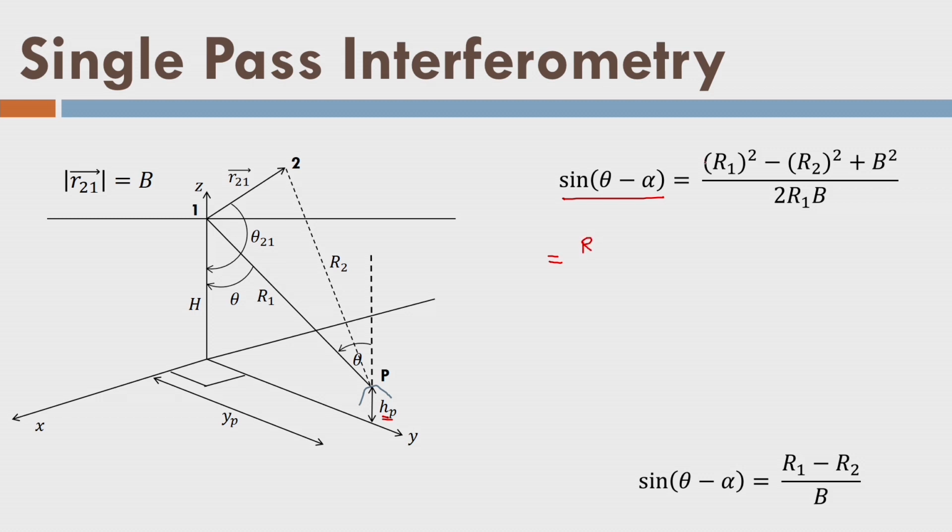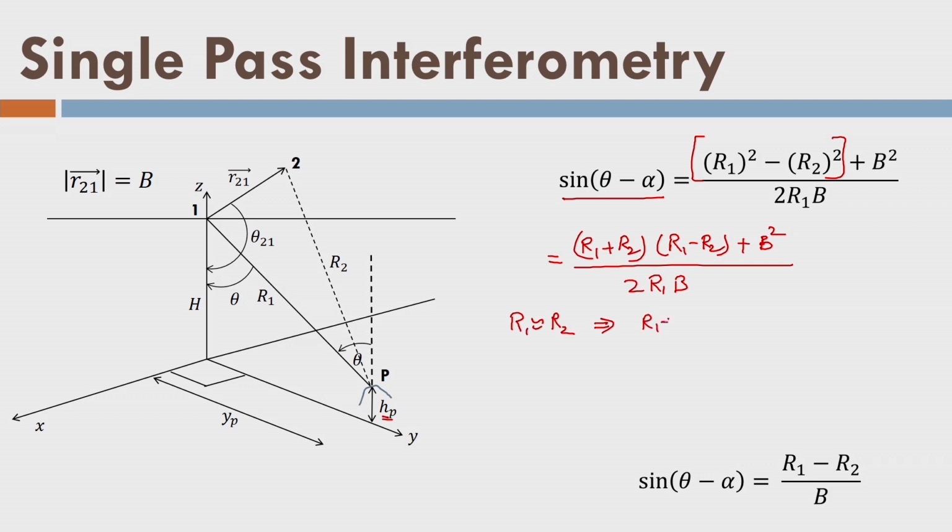Let me write R1 square minus R2 square as R1 plus R2 into R1 minus R2, plus B square, divided by 2R1B. We make an assumption that R1 and R2 are approximately equal. As a result, R1 plus R2 is approximately equal to 2R1.